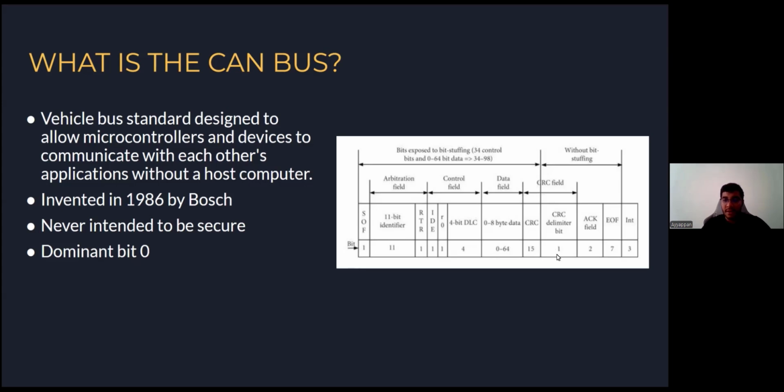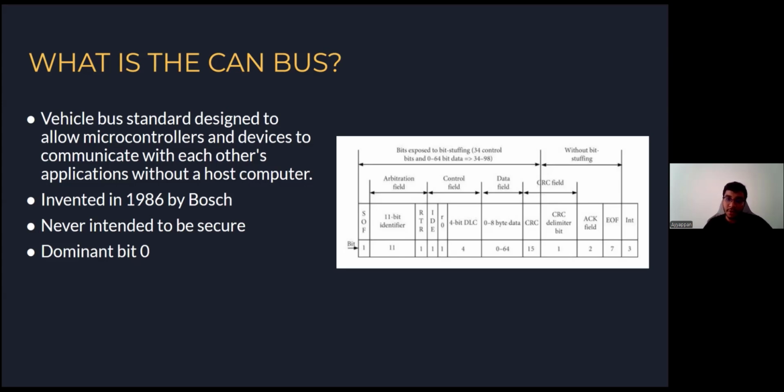And then you have other things such as the CRC, ACK, EOF, and INT, which we won't really be looking at, but these are the most important parts of it. Your identifier usually addresses which ECU or which device you're talking to on the bus, just because there can be several of them. And then you have your control and data field that actually tell it, okay, this is what I want you to do.